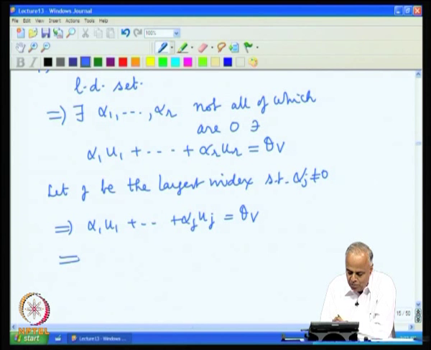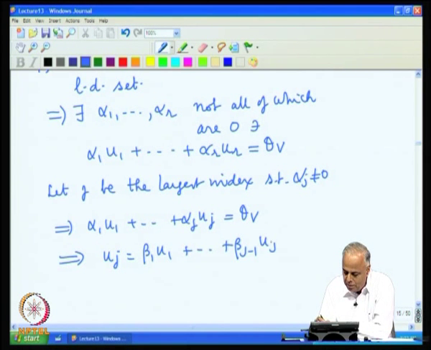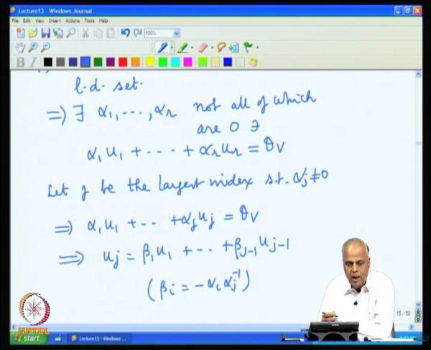Again, as before, we get uj is beta 1 u1 + etcetera + beta (j minus 1) u(j minus 1), where beta i is minus alpha i alpha j inverse. This calculation is exactly the same as we did before.